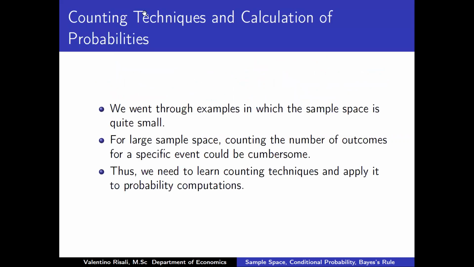Okay. And for the next session, we will deal with the counting techniques. This is useful for us to count the sample space where it is big. We can use this theory to count outcomes in a large sample space.